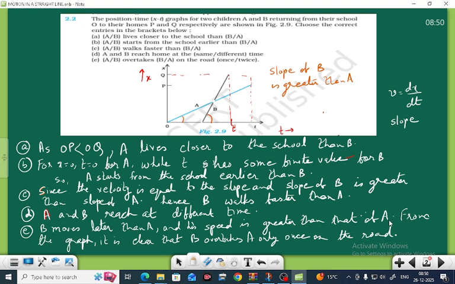So this is the solution of the exercise on motion in a straight line, question number 2.2, right?